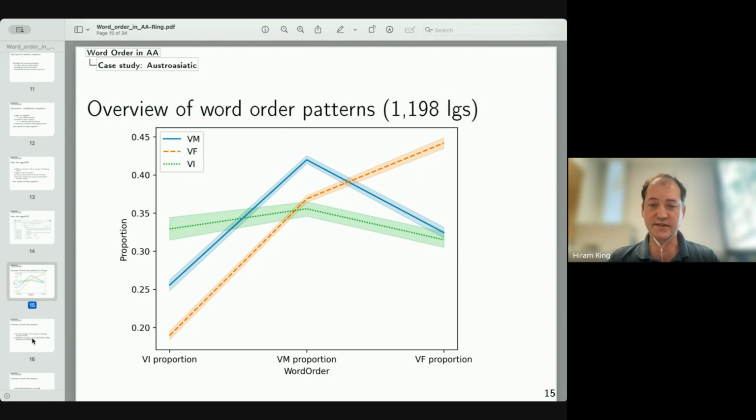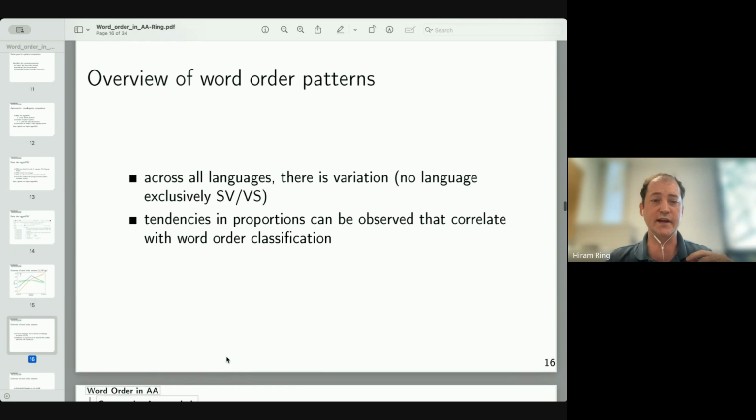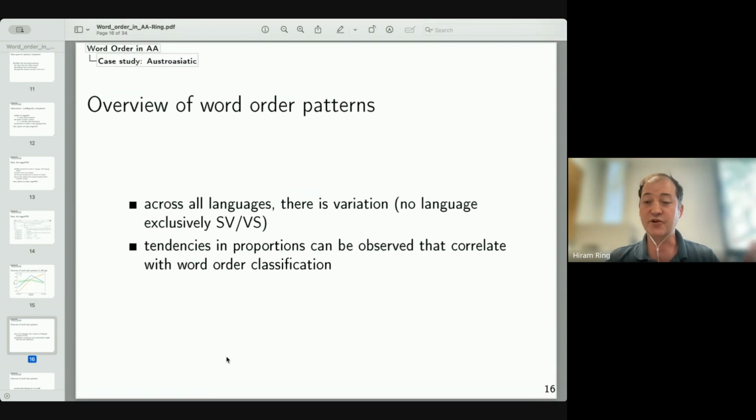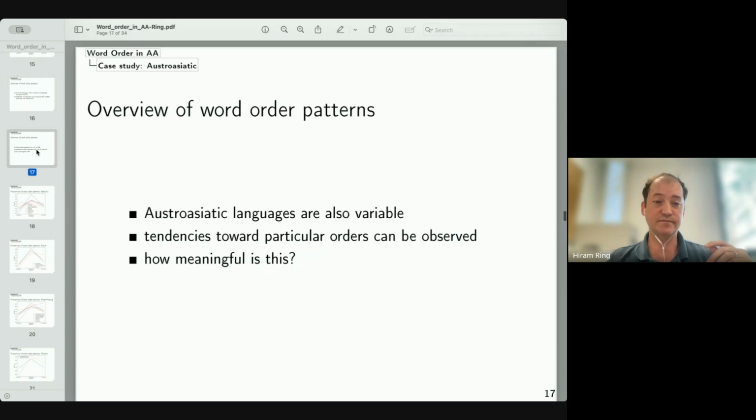Okay, so that's the observation from all 1,200 of these languages or so. So across all languages, there's variation. There's no exclusively subject-verb or verb-subject language. There's always some variation. And yet we can find these correlations with word order classification.